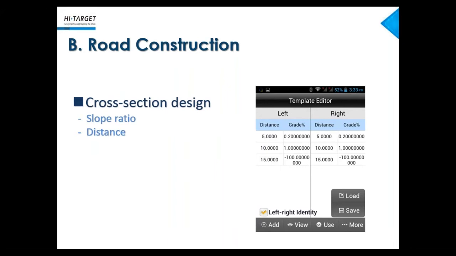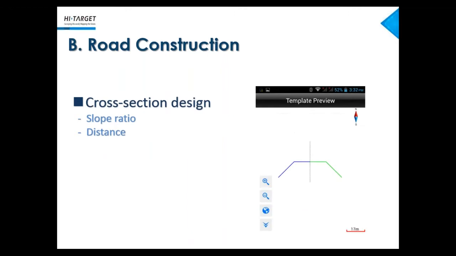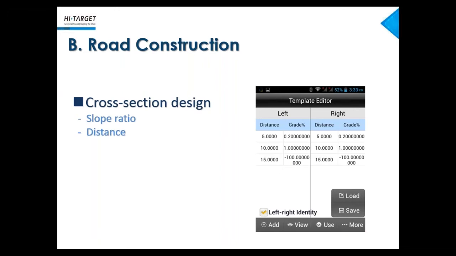When it comes to the cross-section design, we need to design it with the slope ratio and the distance for different grade changing points. So we can also make a preview for these files. You can see I have ticked left and right identity.